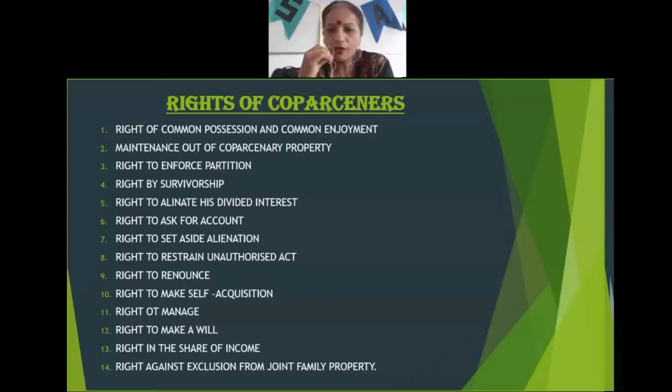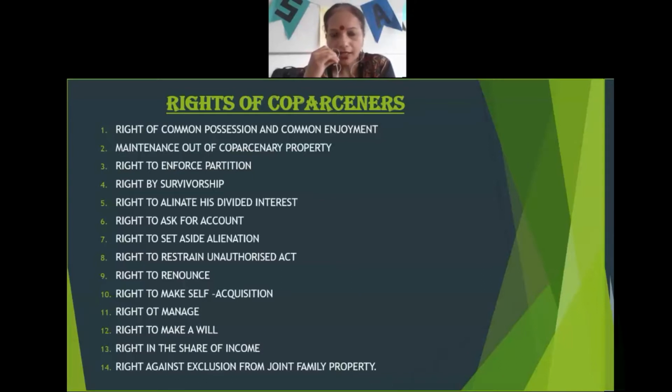Everyone is the owner of the property without excluding the ownership of the other members. That is to say, there is a concept of common possession and common enjoyment in the coparcenary property, and being a coparcener, one has that right.